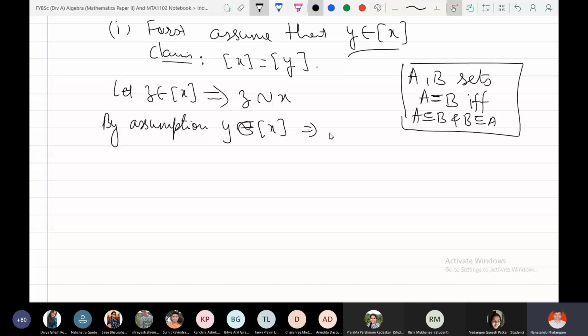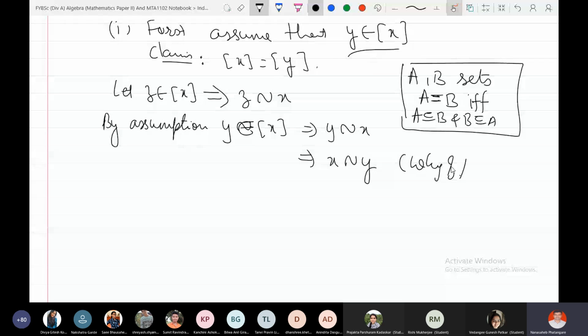Right. And since our relation is symmetric, x is related to y. Am I right? Yes, sir. So you should write down proper reasons for all these steps.